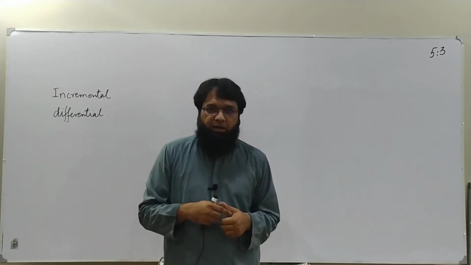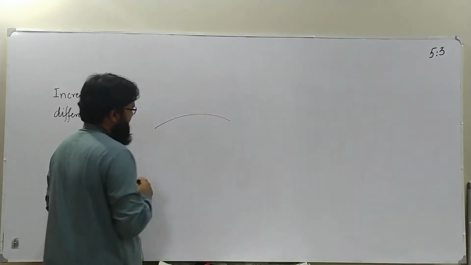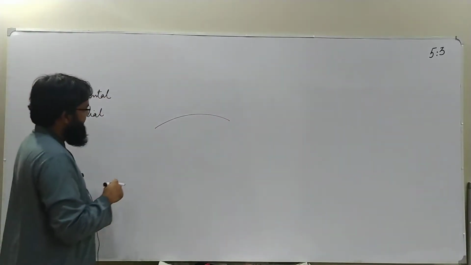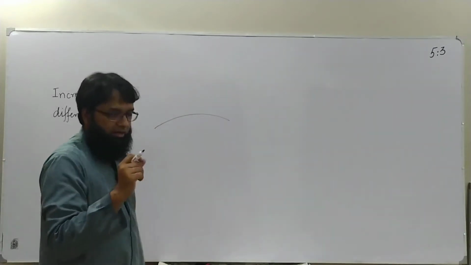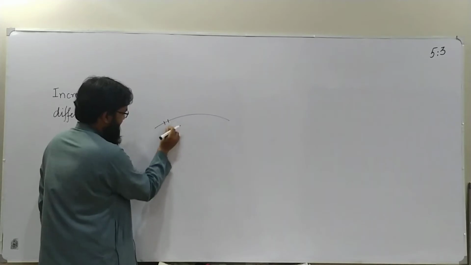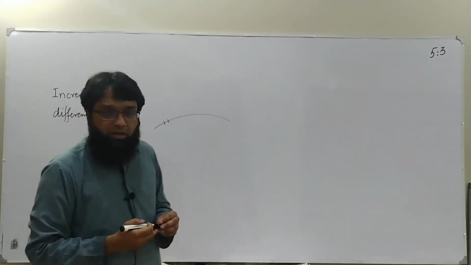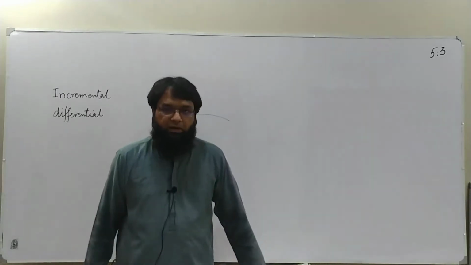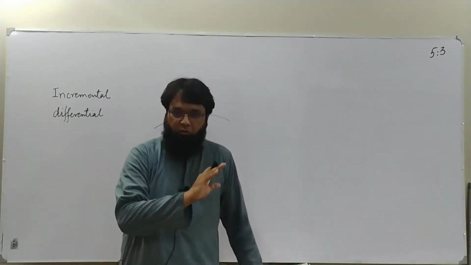We all know that if I take a finite line segment, this line segment is made up of infinite points, and even in this short segment there are an infinite number of points, because we know that a point is a zero-dimensional entity which has no height, no width, no depth.